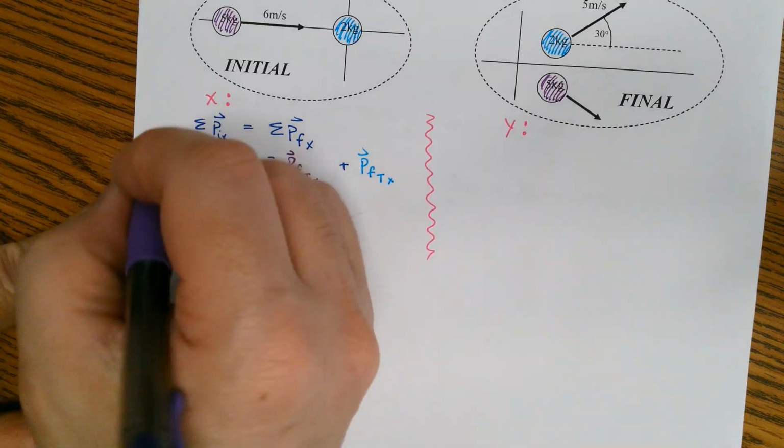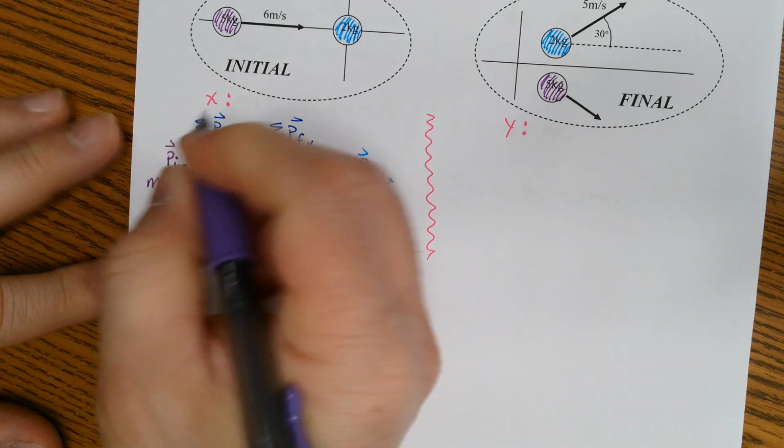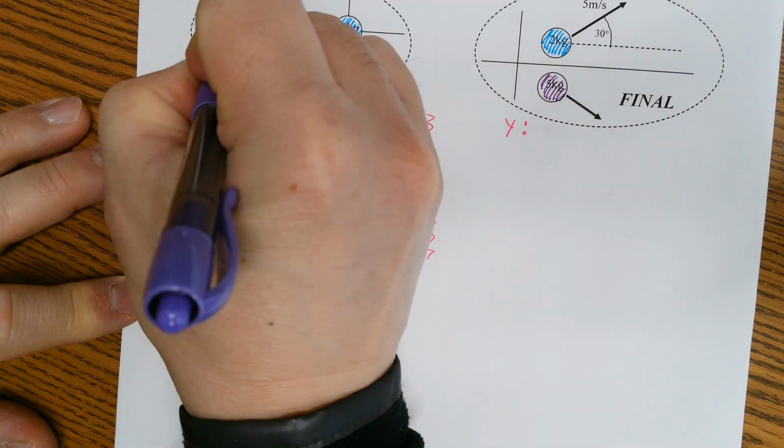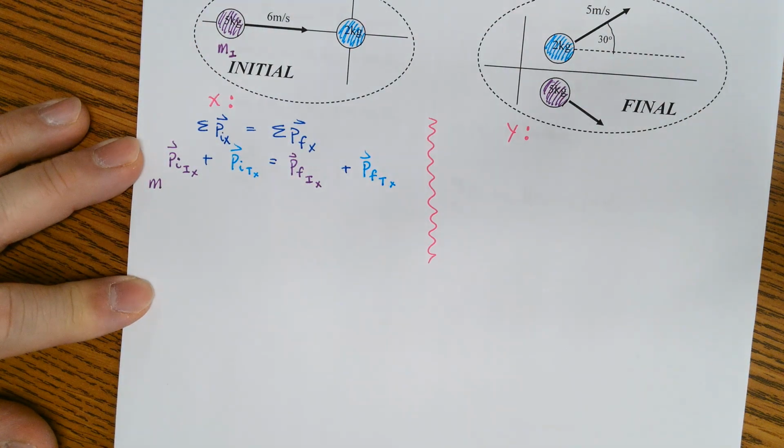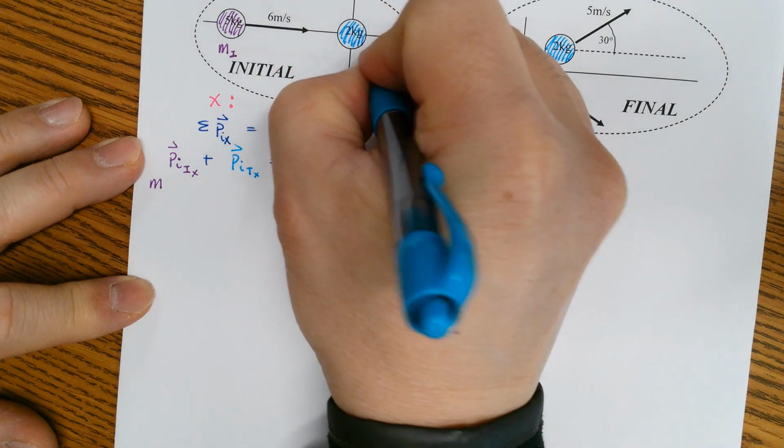Here, this is just m, so you could say this is m incident, and this is m target.